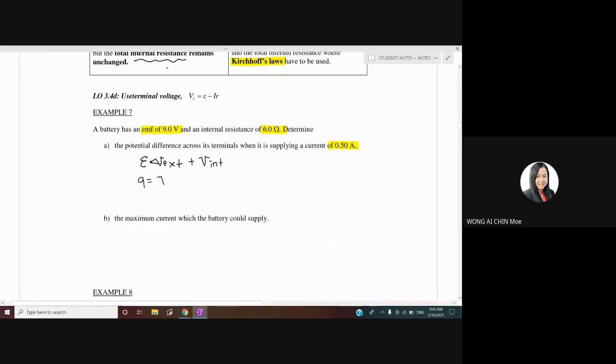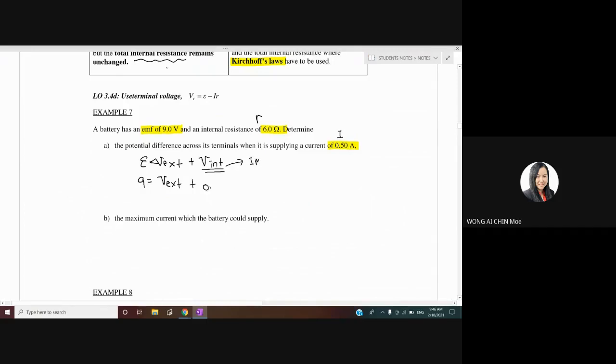V external or V terminal is the value we want to find, the value shown on the voltmeter, plus V internal. Because we have internal resistor and current, V internal is equal to Ir.